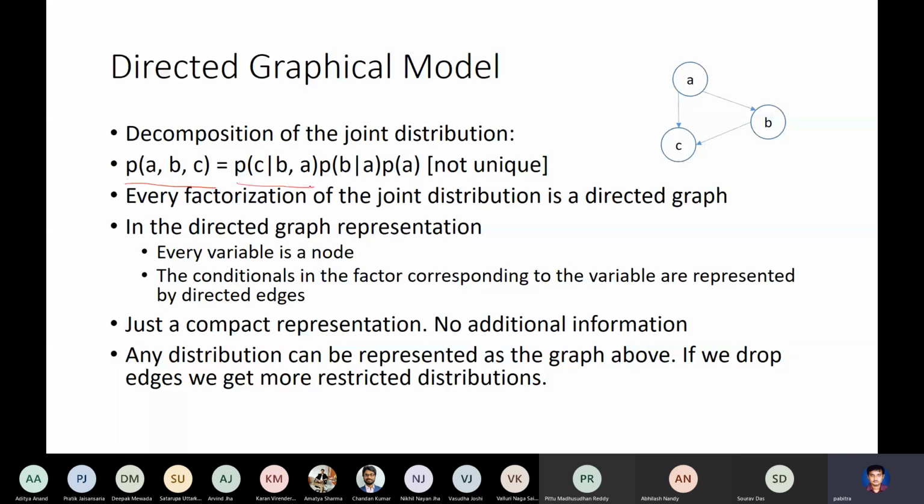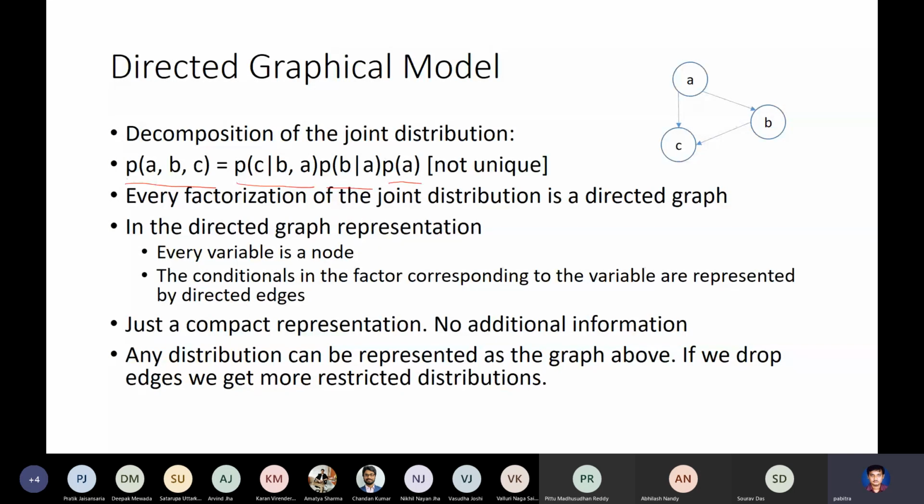And note that this is not a unique factorization. You might as well have other factorizations. And you draw a graph to represent the factorization. Note that even though the factorization eventually represents a joint distribution, the graph has a one-to-one correspondence with a particular factorization. And there may be multiple factorizations of the same distribution.